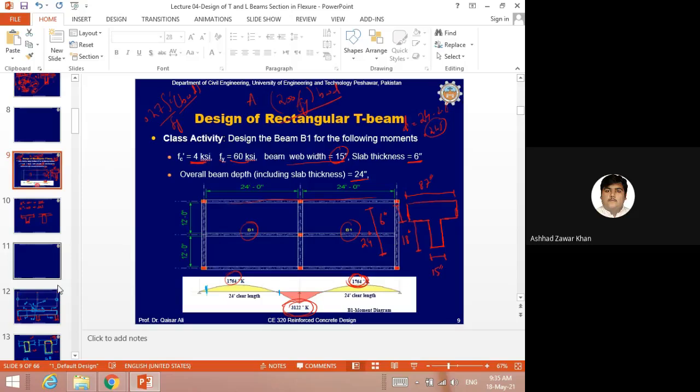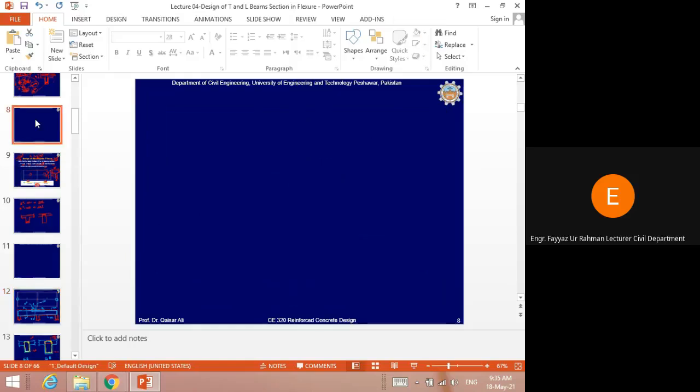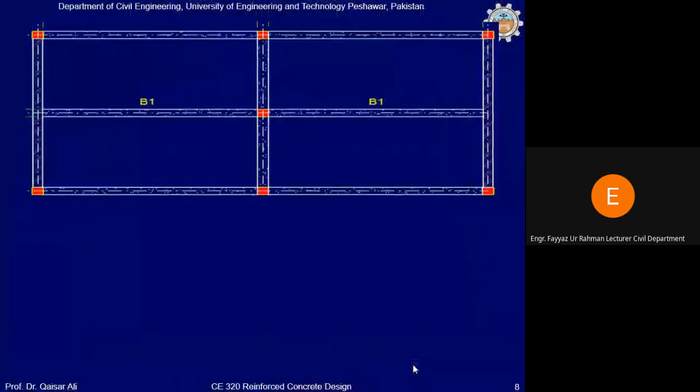यस सर, क्लियर। अच्छा, अब ये बिल्कुल सिंपल स्टेप है इसमें कि आप ये बी इफेक्टिव किस तरह कैलकुलेट करेंगे। तो इस स्लाइड पर आप जरा इसको अगर आप देखें, तो there is a clear length of the beam which is denoted by ln.